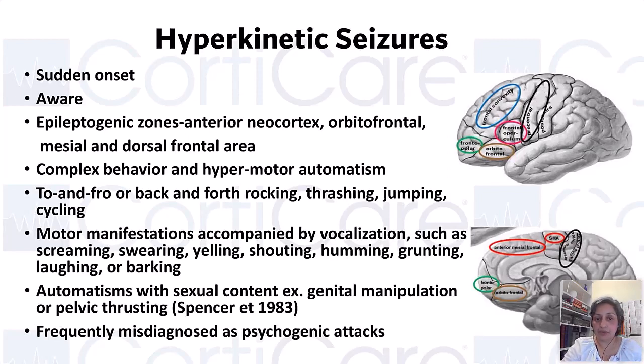Patient is screaming, swearing, yelling, shouting, grunting, making barking sounds, laughing, and whatnot. Automatism with sexual content is also reported, genital manipulation and pelvic thrusting. And these seizures are misdiagnosed as psychogenic attacks, and in some cases even tics, because of the vocalization, cussing and swearing, and rocking.